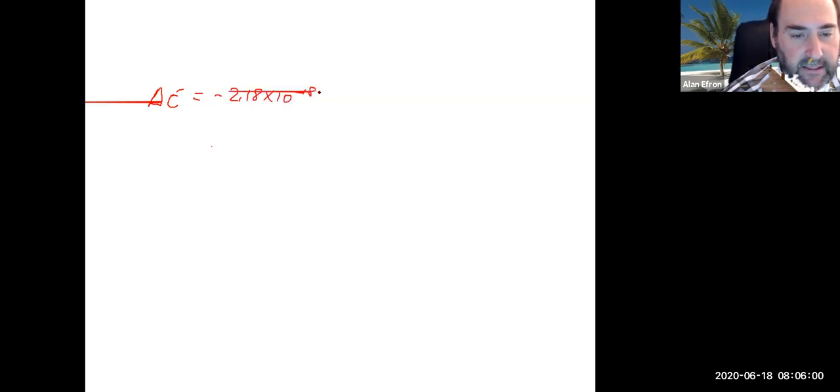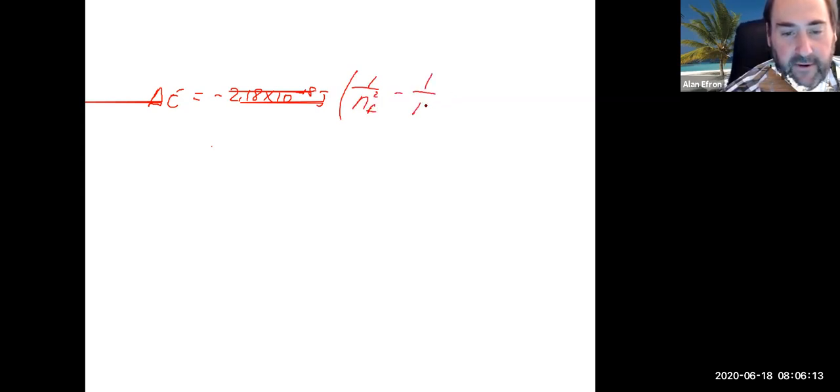At the end there, we were talking about some calculations, and we had delta E is equal to minus 2.18 times 10 to the minus 18 joules times 1 over n final squared minus 1 over n initial squared.